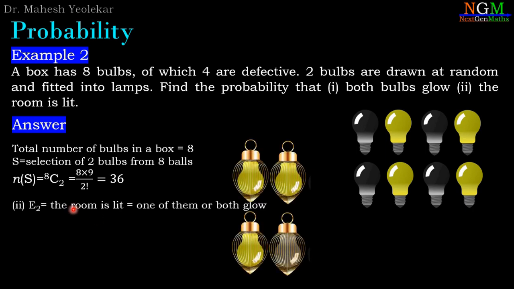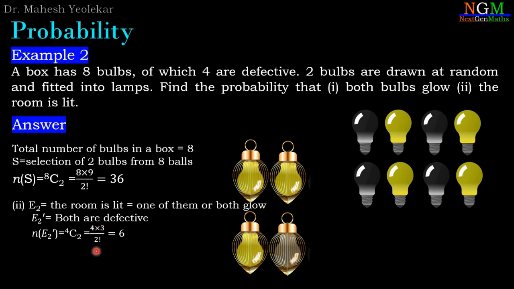Second event: the room is lit. That means one of them or both the bulbs glow. We consider the complementary event E2 dash, that means both the bulbs are defective, that means no bulb will glow. So the number of elements in E2 dash is equal to 4C2, because we have 4 defective bulbs, which cannot glow.